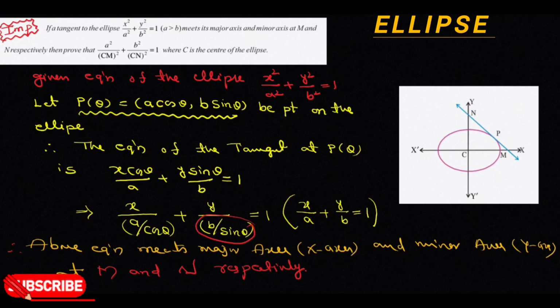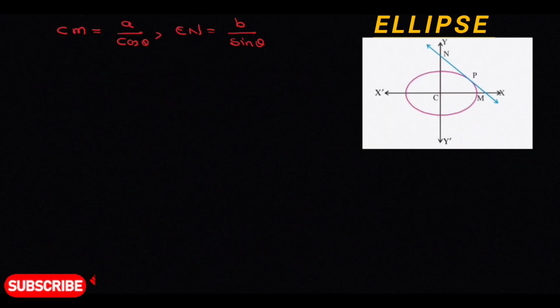Next, now write cos theta equals a by Cm, sin theta equals b by Cn.